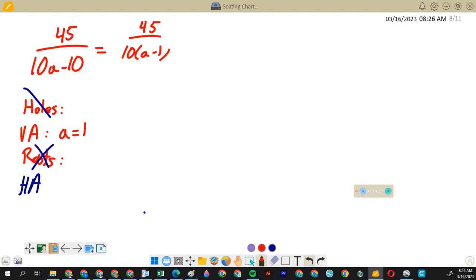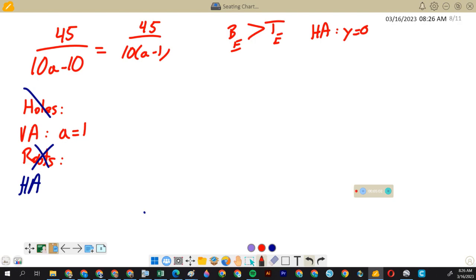So you have to look at the original function and see which one has the biggest exponents. Okay? And we're looking at the exponents on the variables. If the bottom exponent is bigger than the top exponent, then your HA is at y equals 0.